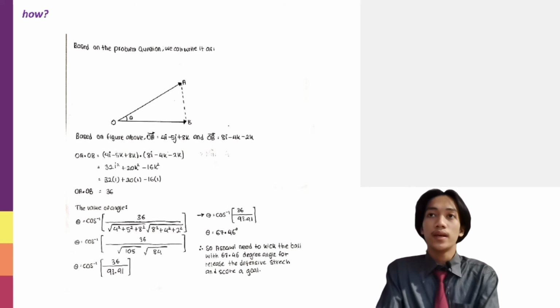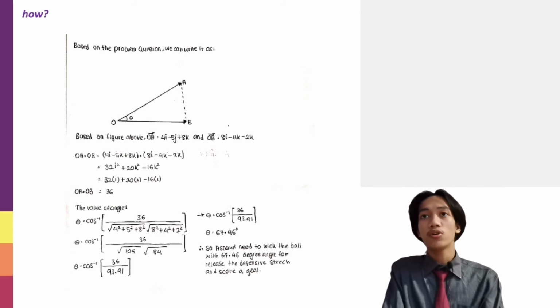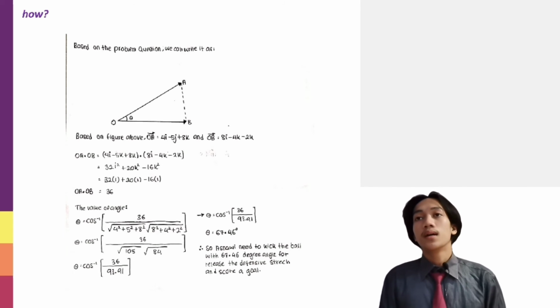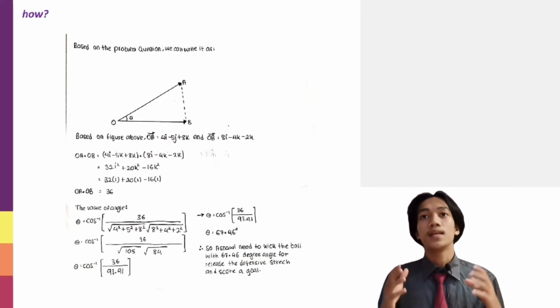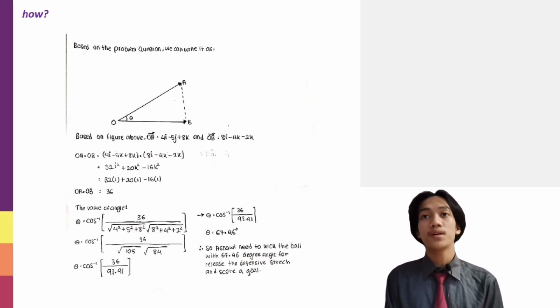So when we calculate, OA dot OB is equal to 36. Then insert the values into our angle formula. So theta equals cos inverse of 36 over the square root of 4 squared plus 5 squared plus 8 squared, times the square root of 8 squared plus 4 squared plus 2 squared.